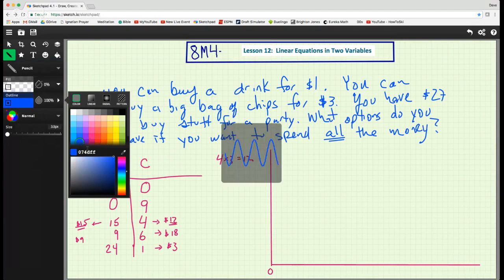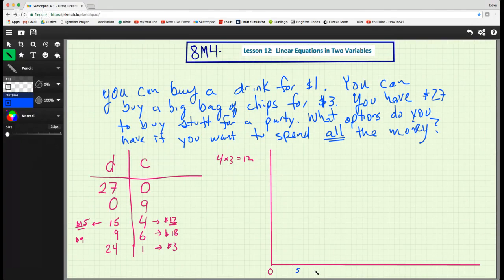Let's go back and make these blue. 1, 2, 3, 4, 5, 6, 7, 8, 9, 10, 11, 12, 13, 14, 15, 16, 17, 18, 19, 20, 21, 22, 23, 24, 25, 26, 27, 28, 29, 30. And so these are our chips. No, this will be our drinks. So our drinks is on our x-axis.